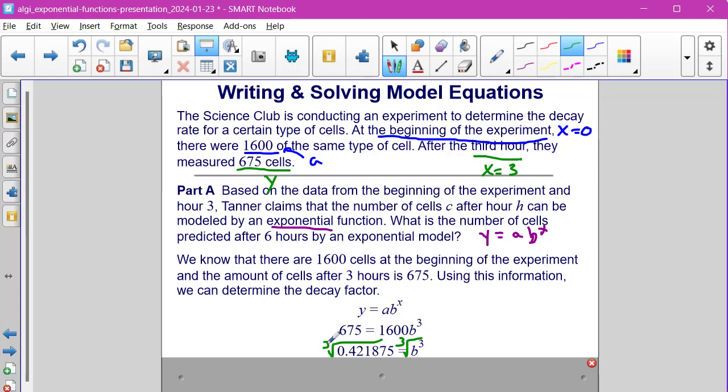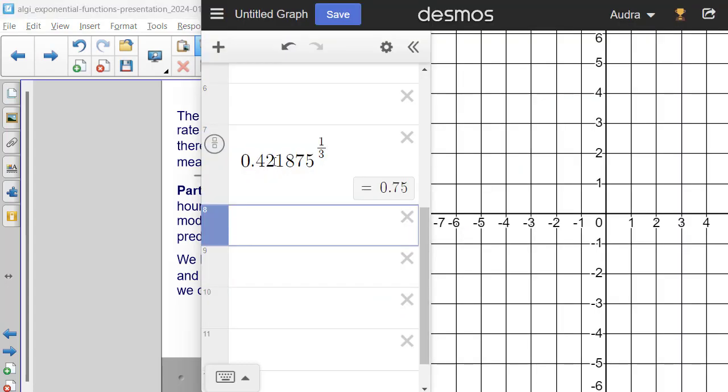You can either, if your calculator has a cube root button, use that and type this entire decimal out, or you could also write it as 0.421875 raised to the 1/3 power. And if we evaluate this in a calculator, we end up getting 3/4 or 75/100 as our answer.